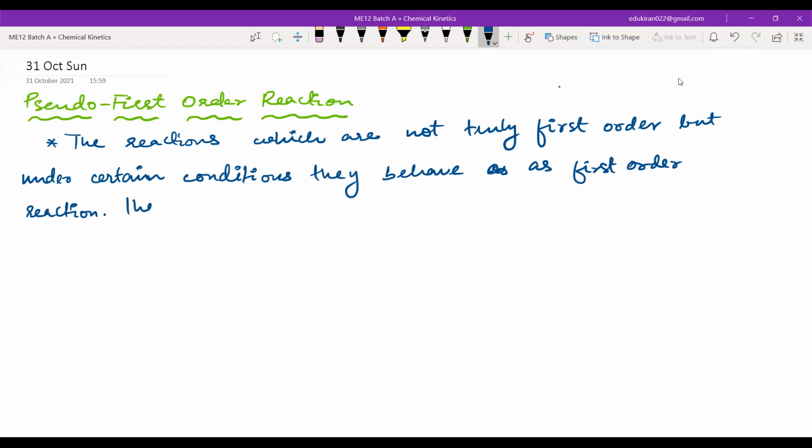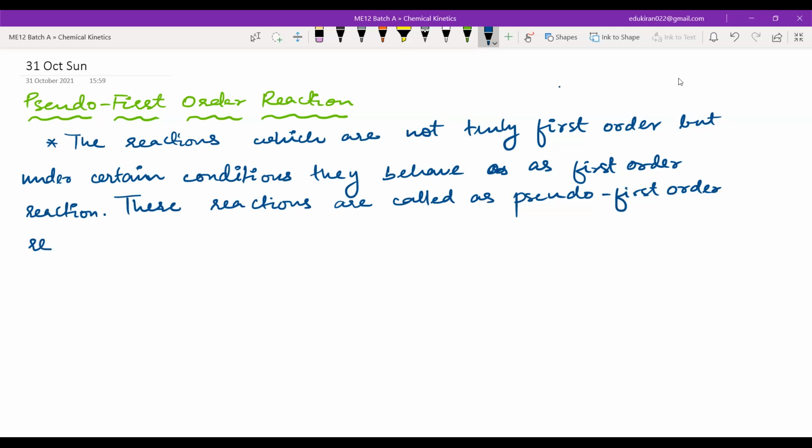These type of reactions are called as pseudo first order reaction. Pseudo first order reaction. Okay.